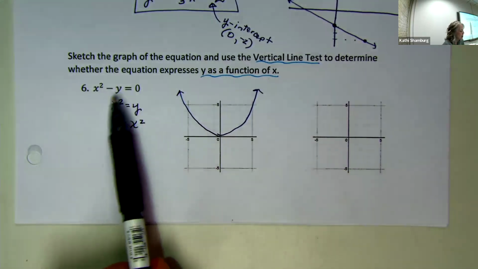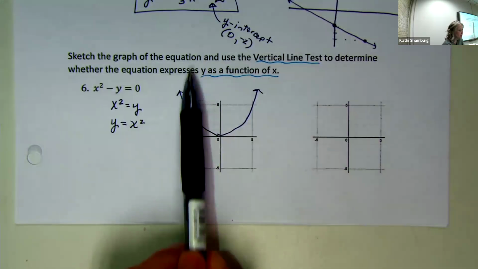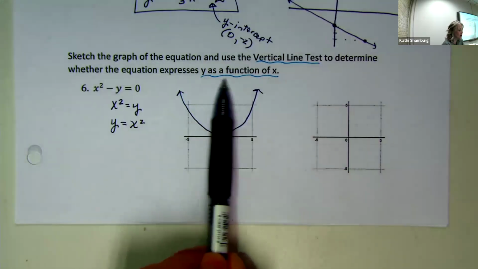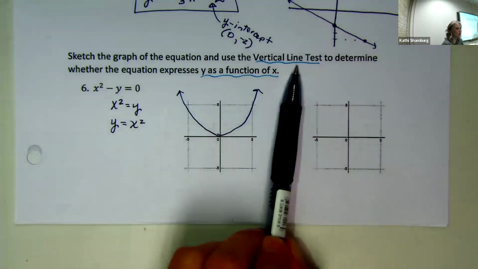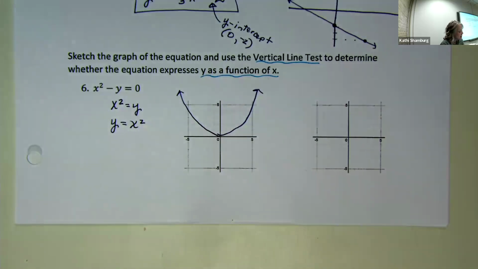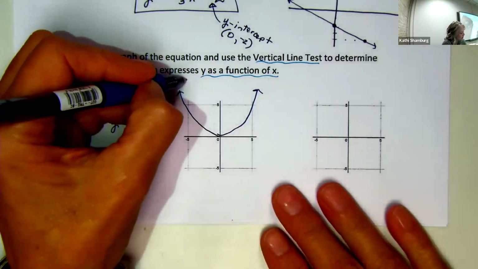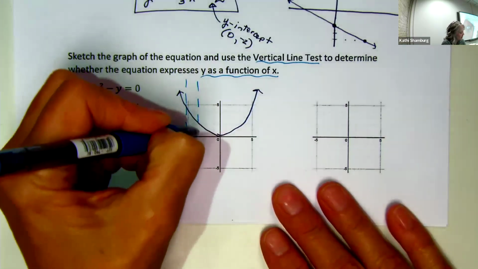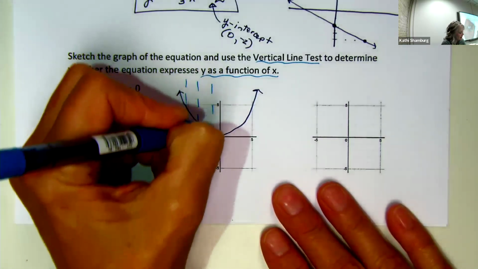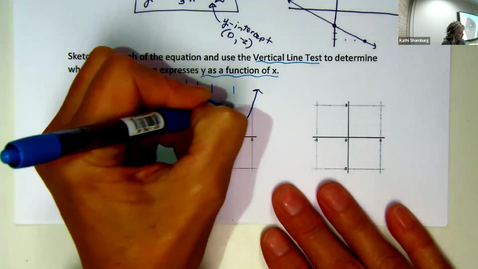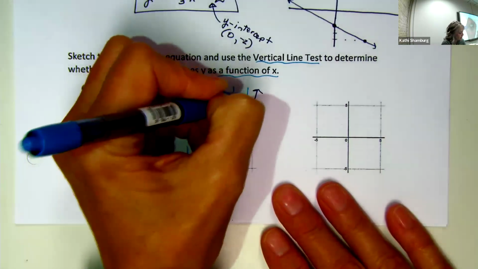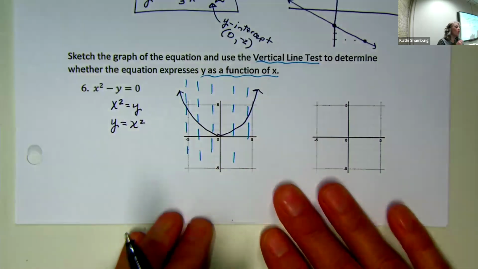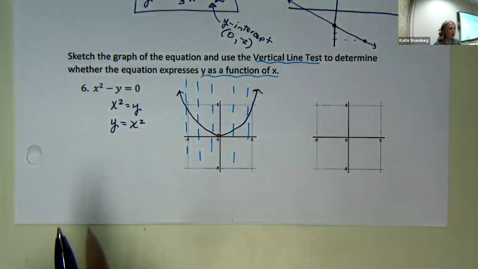If I want to know if the equation expresses y as a function of x, I'm going to apply what's called the vertical line test. I'm just going to visually say, what if I did some vertical lines? I have 1, 2, 3, 4, 5 vertical dashed lines.